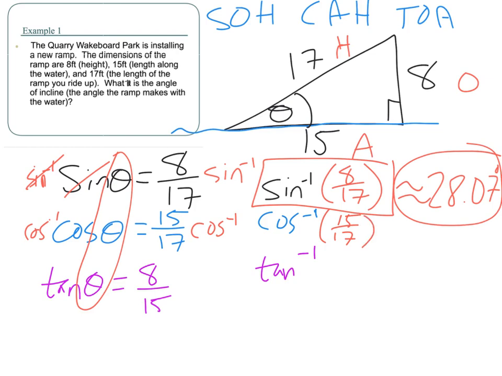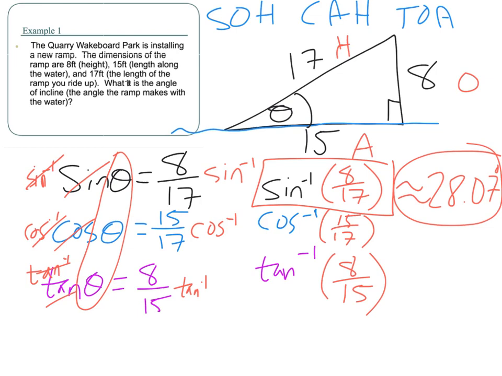Or I could do the tangent inverse of this side and tangent inverse of this side, and that would then again undo the tangent. And I would type in tangent inverse of 8 over 15. Any one of those, cosine inverse of 15 over 17, tangent inverse of 8 over 15, any one of those would give me the 28.07.